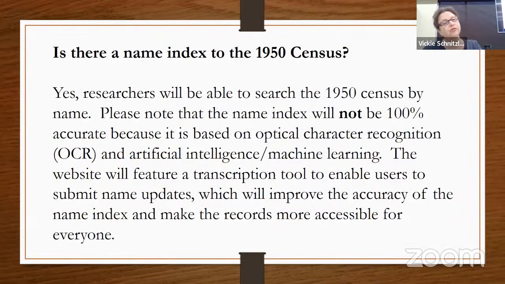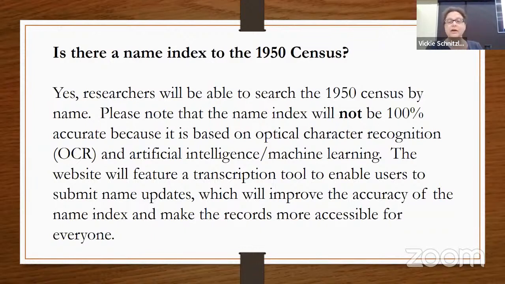Question first. One of the things that I did notice as I was going through is they have a section on their website called Frequently Asked Questions. I've pulled a couple of those tonight because they give good background and some really good answers. So if you don't know how to do something, somebody else may have had that question already and you can go back in there. For example, is there a name index to the 1950 census?